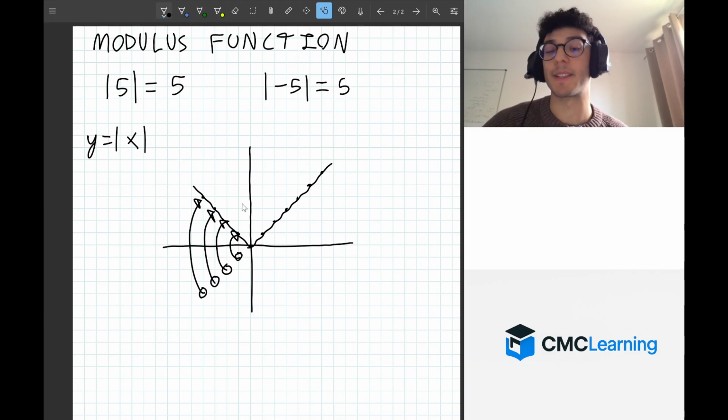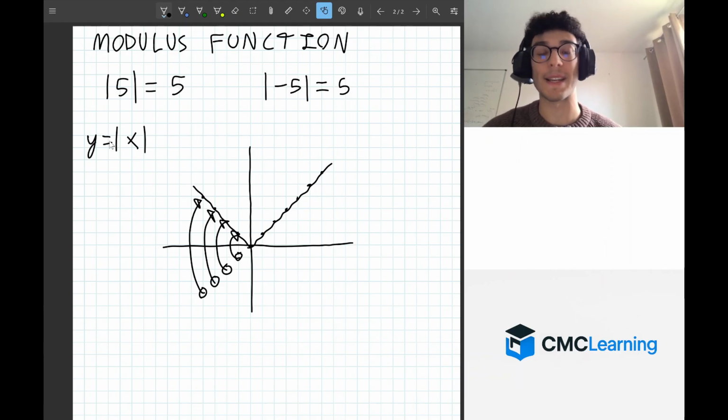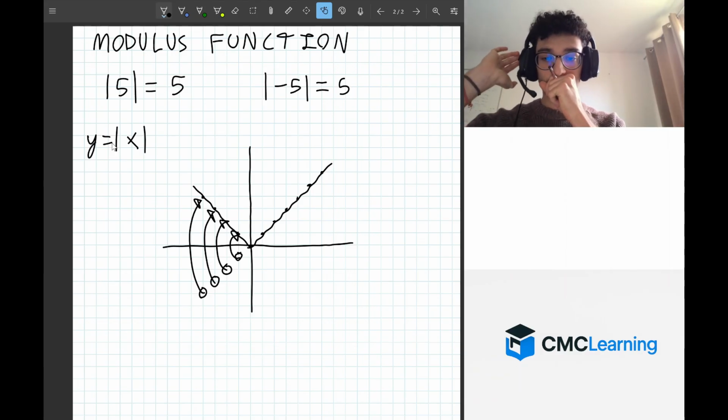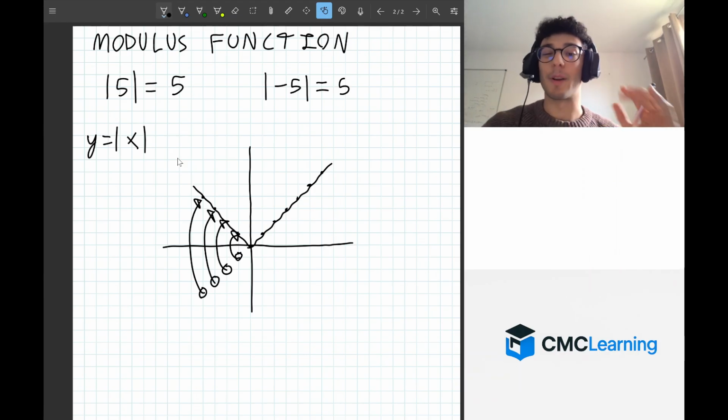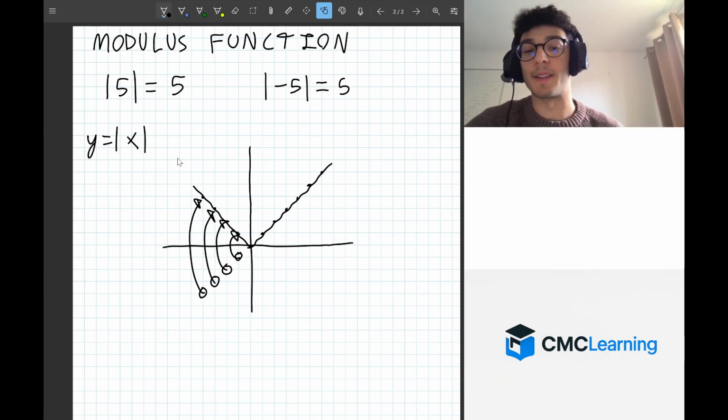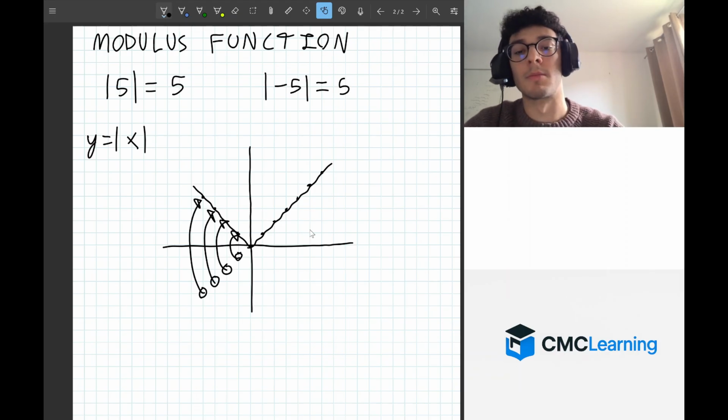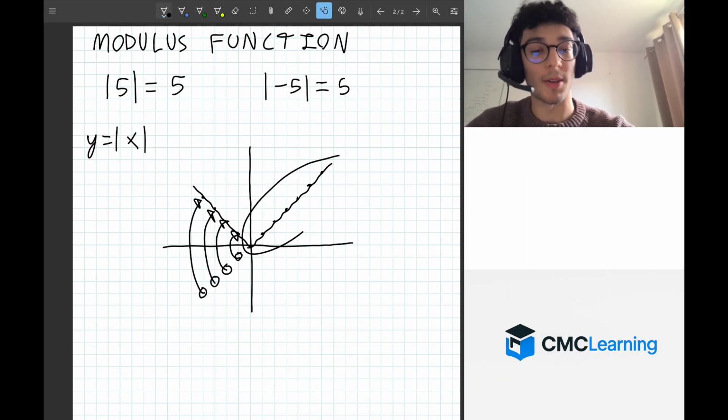Now the aim is to be able to write some more drastic functions of y is equal to modulus and then some function of x. To be able to write them, see if we can write them as just two separate lines. So I'm sure you can see here, this line for positive values of x, we can just say is y is equal to x, can't we?